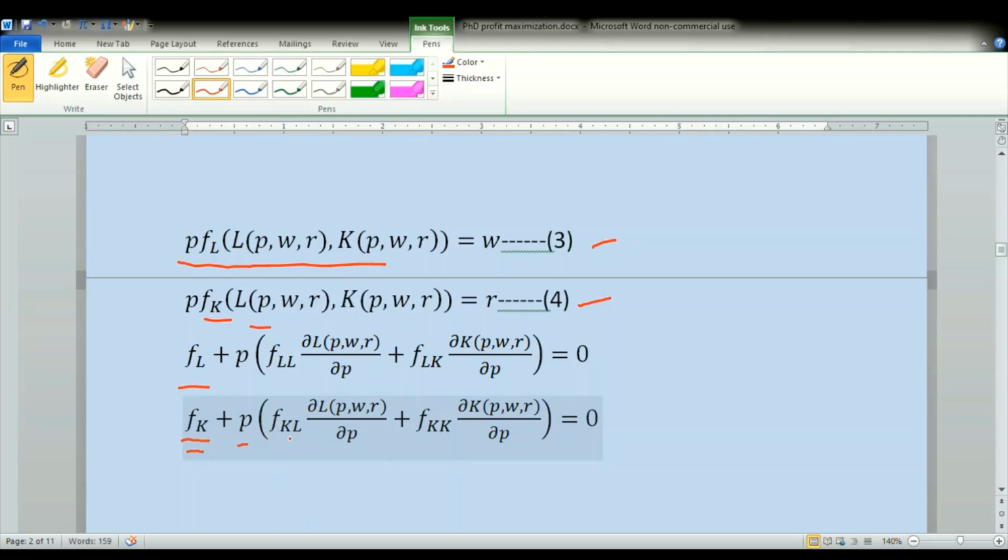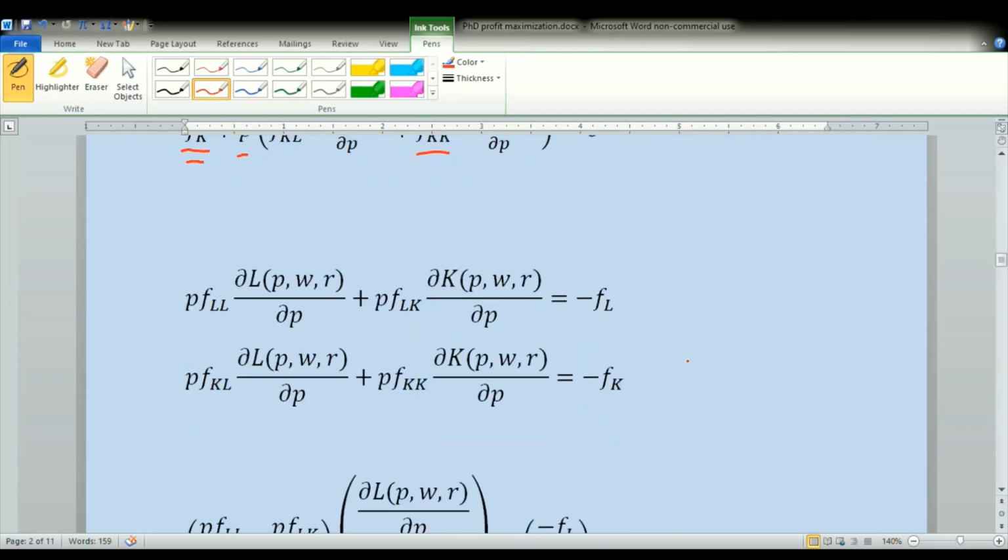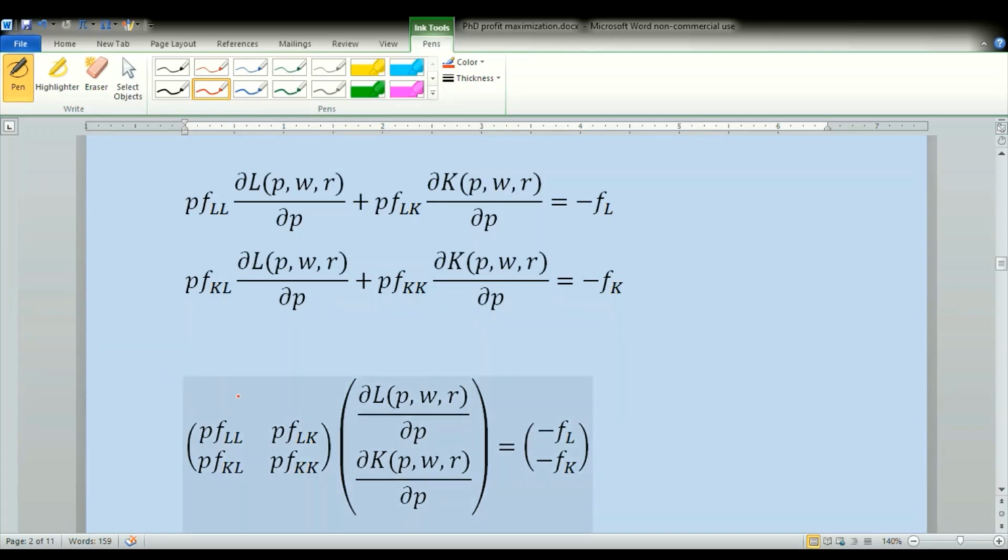So ∂FK/∂L times ∂L/∂p plus ∂FK/∂K times ∂K/∂p equal to 0 again, because equation 4 has no p on the right hand side. And once I have taken these derivatives, I take the FL and FK terms on the other side, and then form the system in the form of a matrix exactly on the same lines that we had done previously.